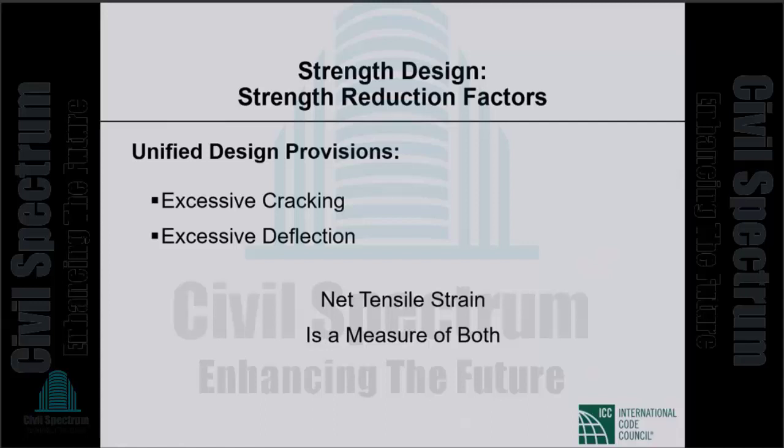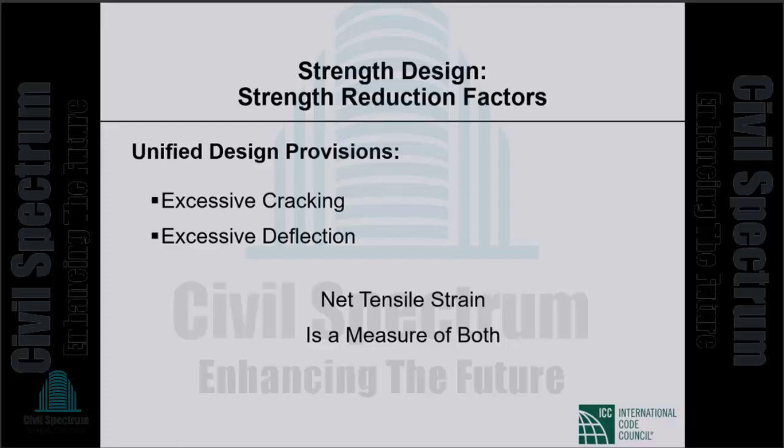Why? So this unified design that is in ACI 318 was the contribution, let me say, of Robert Mast, who was truly an outstanding engineer. He died relatively recently, he lived to his late 90s and was very sharp until the end.